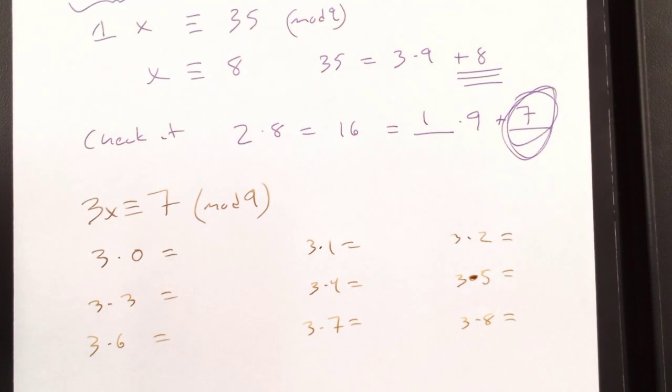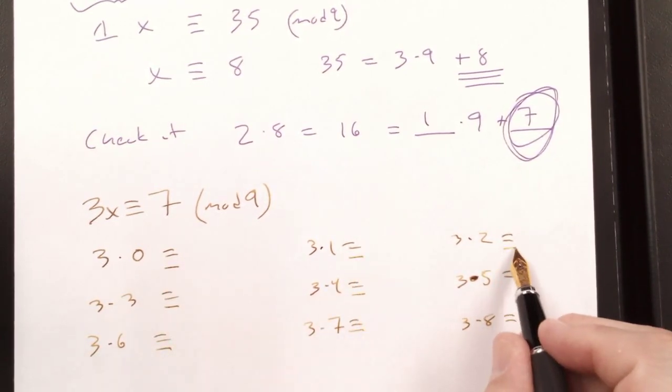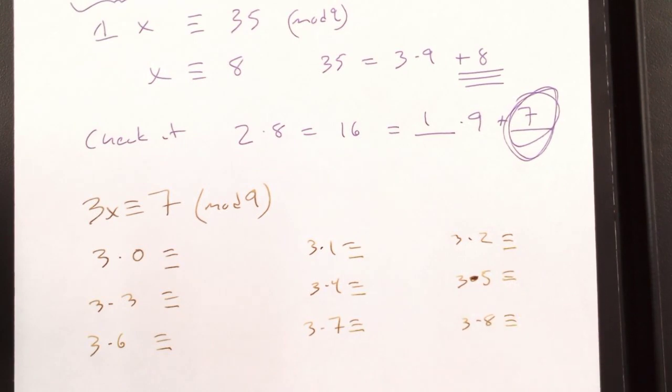Just write down the remainder mod 9 in each of these cases. 3 times 0. Good. 3 times 3.